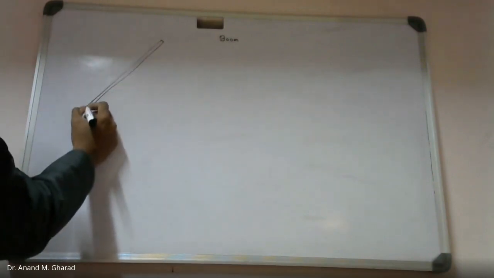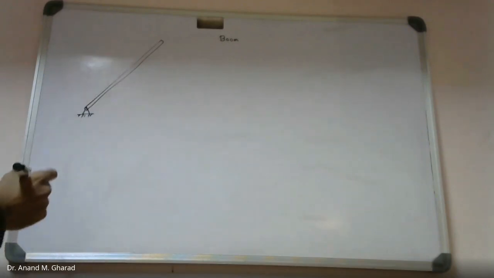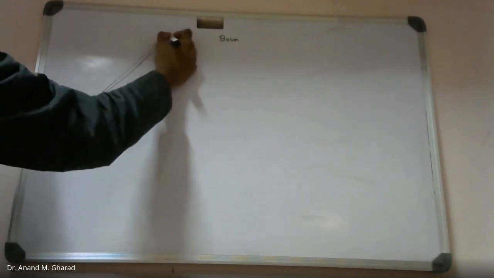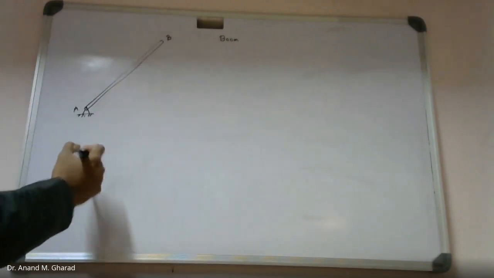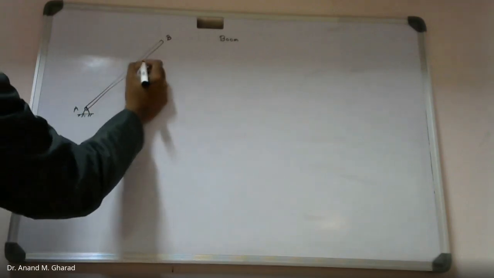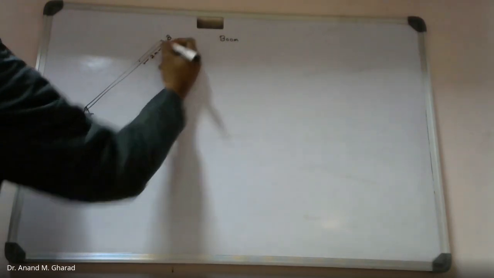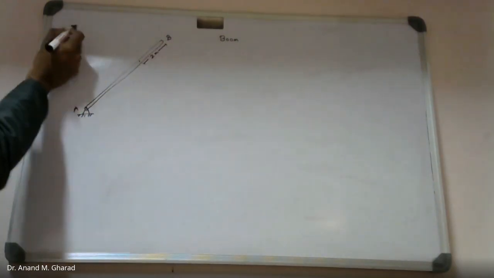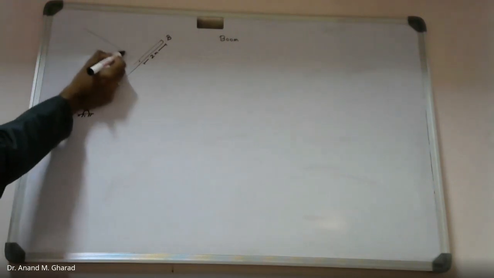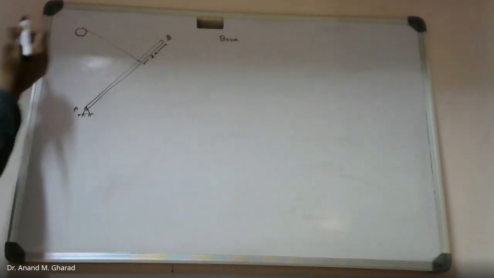So you can consider this to be a boom, and it is of length 6 meter. At this location, which is at a distance of 2 meter from here, there is one rope, and this rope is passing over a frictionless pulley in this manner.